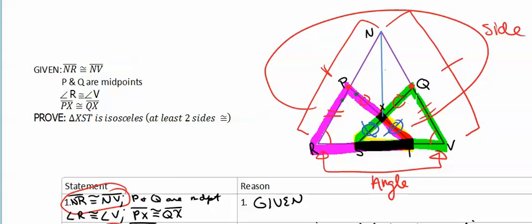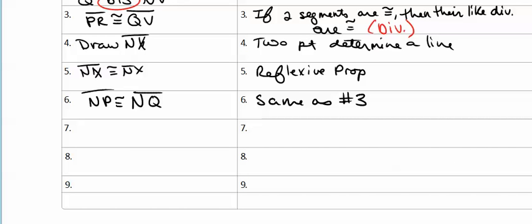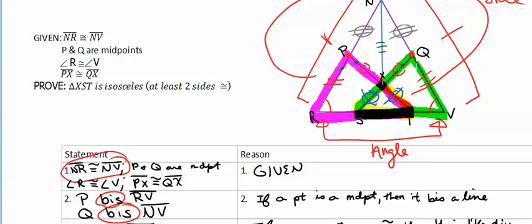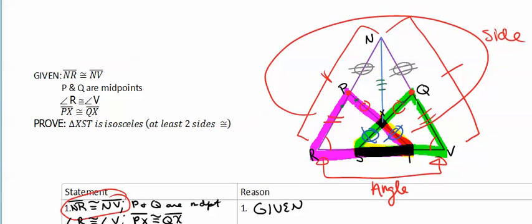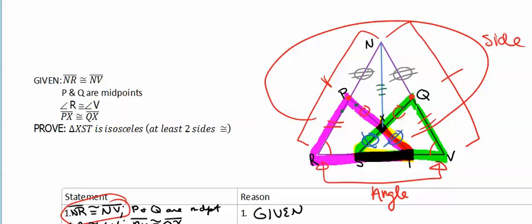We can say NX is congruent to itself based on the reflexive property, and we can also say that NP is congruent to NQ, again based on the division property we established earlier. That creates two congruent triangles based on side, side, side.